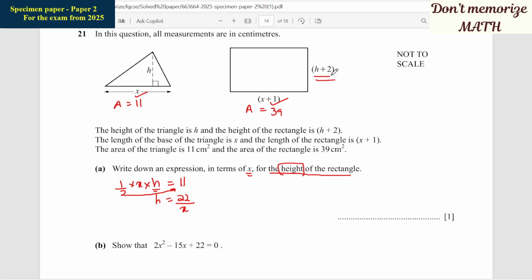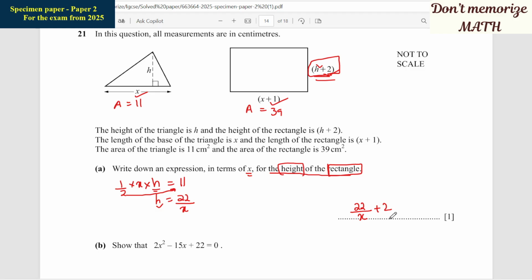We need the height of the rectangle. Small letter h we got, so h plus 2 is the height of the rectangle. That is 22 over x plus 2 will be the height of the rectangle.